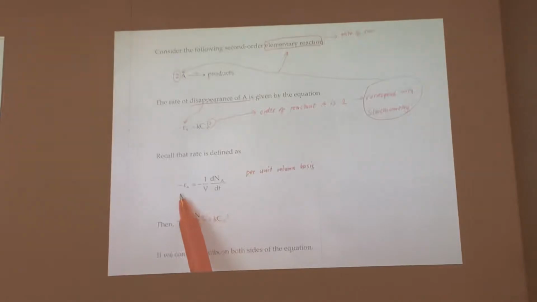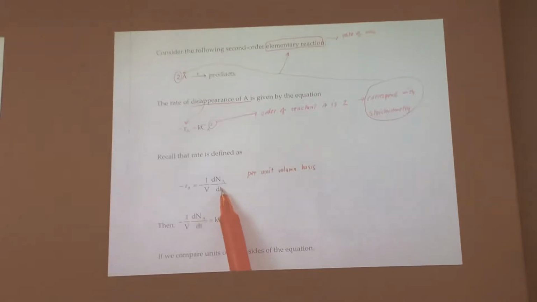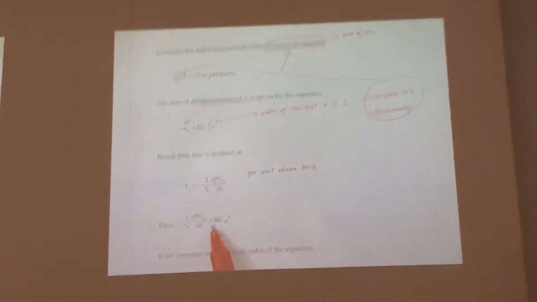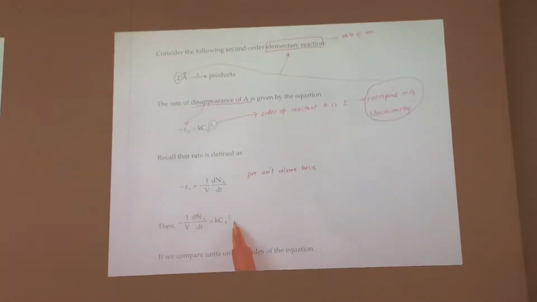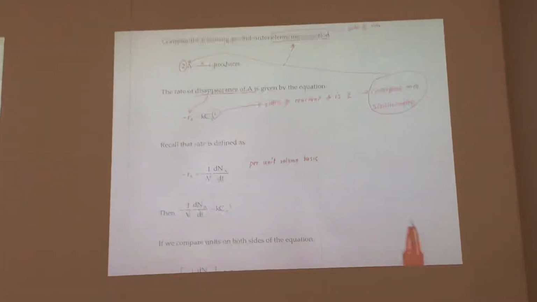Since minus rA is also equal to this whole thing, we can substitute that minus 1 over V dNA over dt equals k CA squared. After that we try to work it out. The main idea of this is to find out the unit of k, and we compare both units together.